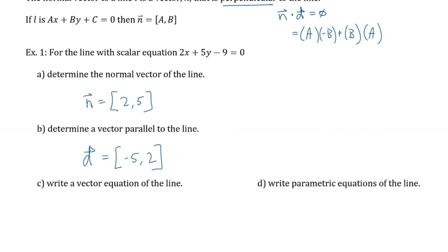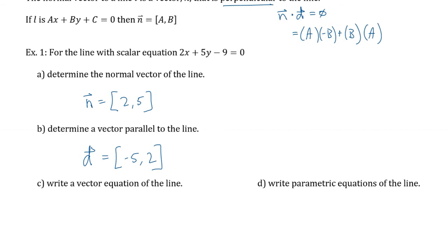Again, what's so important is that we don't want to just memorize that the normal is that. We want to understand that the normal is going to be perpendicular to the direction vector, and any vector that's perpendicular to the normal will be parallel to the line. These are all different ways of saying kind of the same thing, and you want to get to the point where you're able to go back and forth between these different ideas, right?